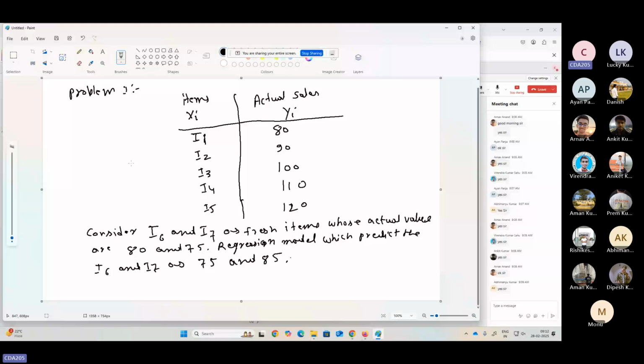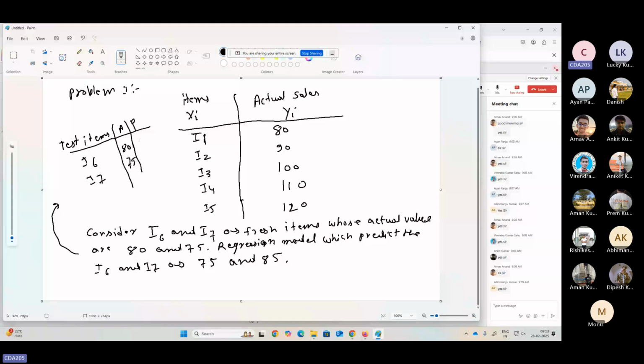This table is known as test items. In the test items, we have I6 and I7, the actual values 80 and 75, and the predicted values 75 and 85.